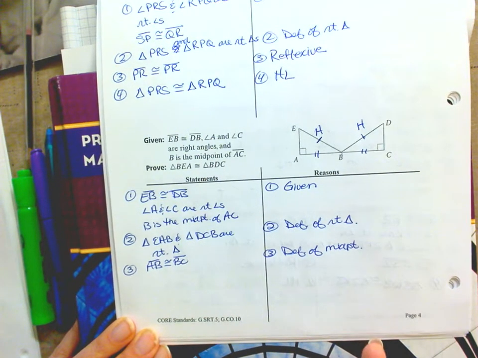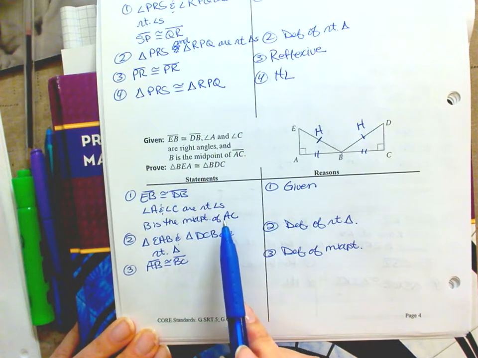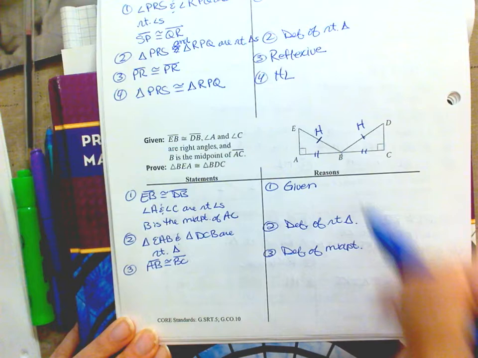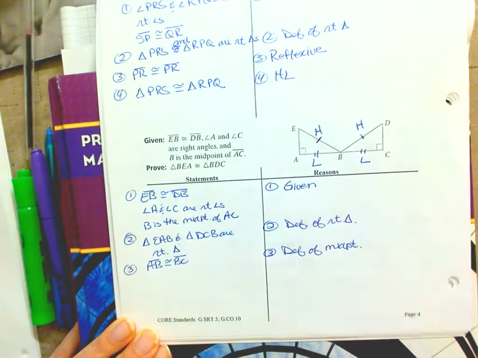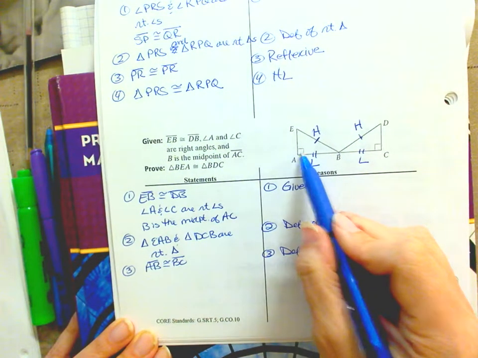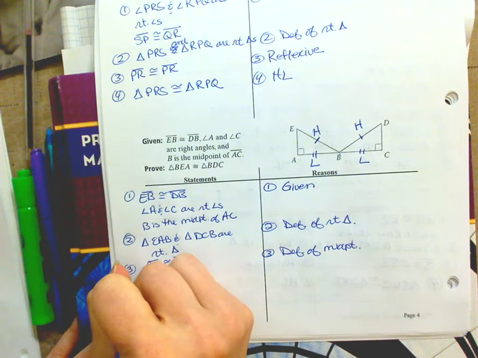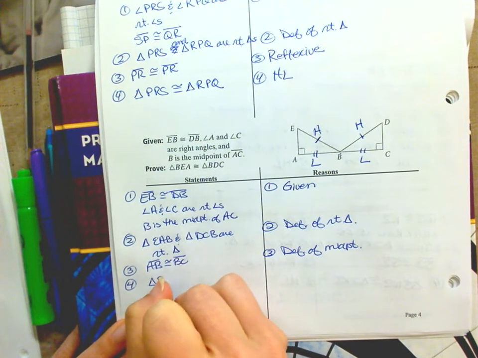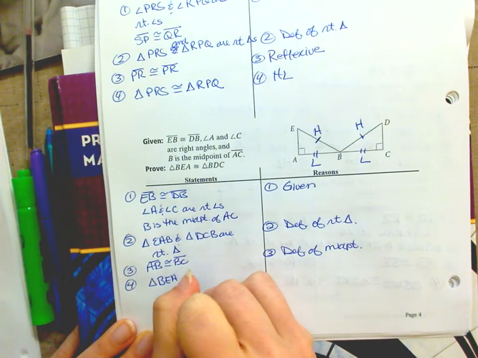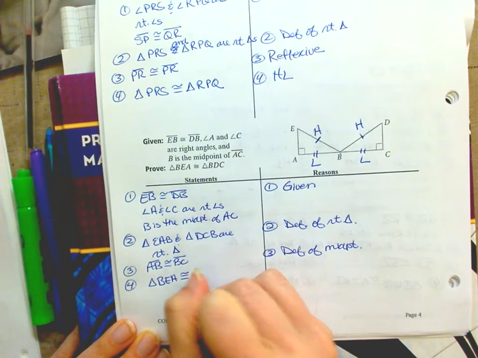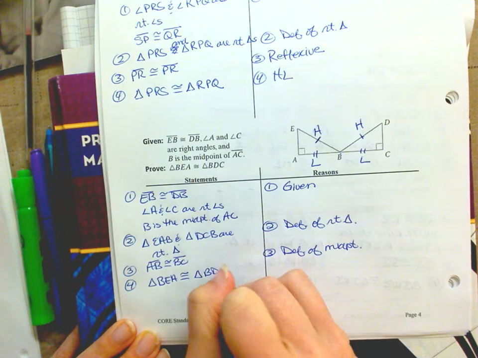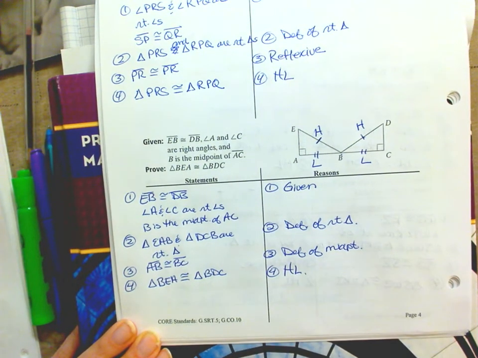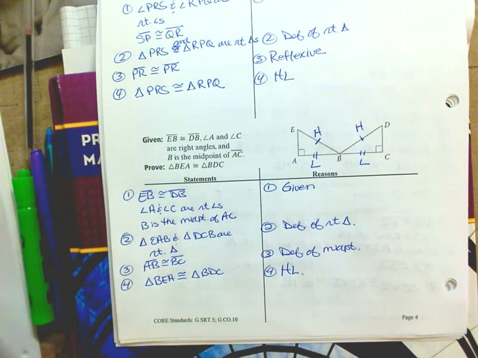So again, four things. We've got them all here. Right angles, right triangles, hypotenuse, legs. If you need to, you can write that. HHLL, right angles, right triangles. You are done after you state what you're supposed to prove. Triangle BEA is congruent to triangle BDC by hypotenuse leg. That's it.